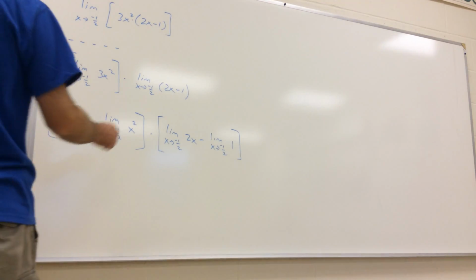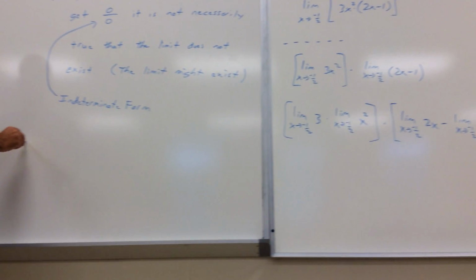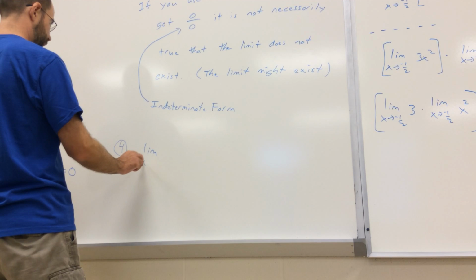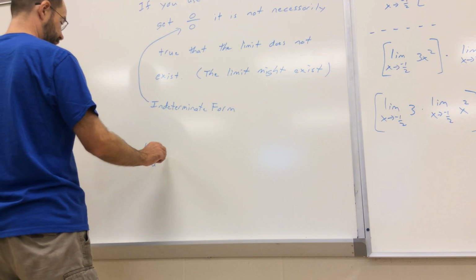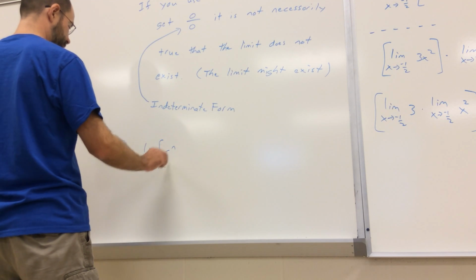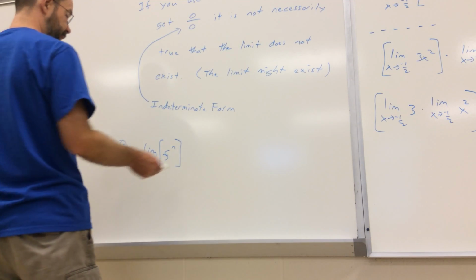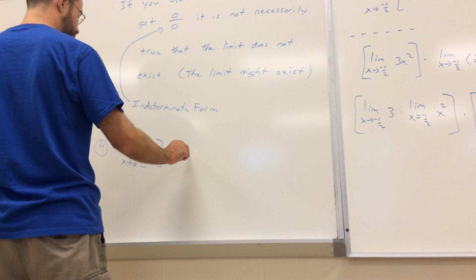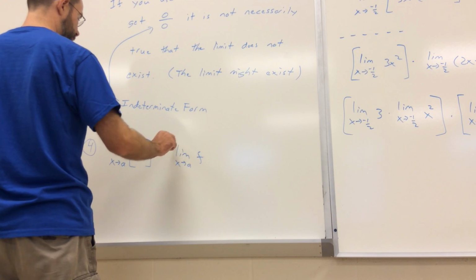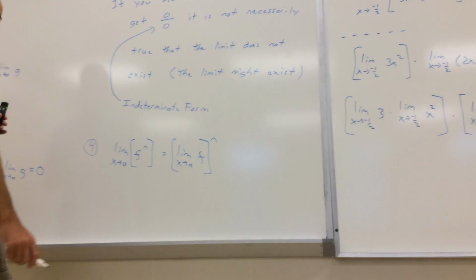Okay, there is another limit law that involves powers. So let me come back here and write that one down. It turns out that if you have the limit as x approaches a of a function to a power, so here you're powering first and then taking the limit, it turns out that you could take the limit first and then do the power second, and you'll get the same answer.